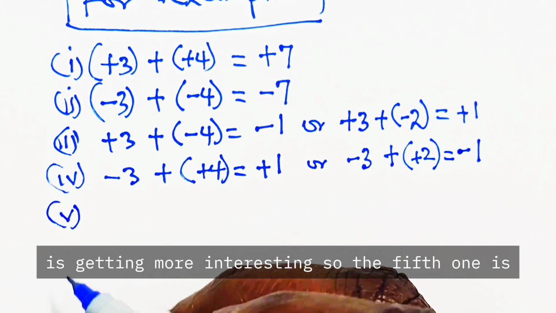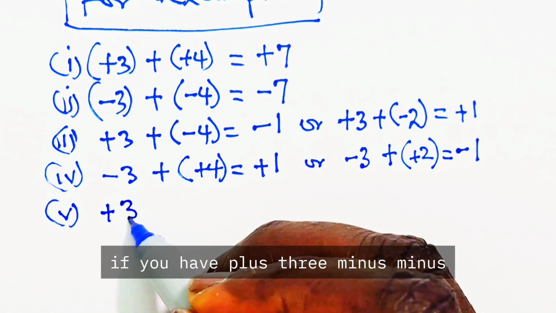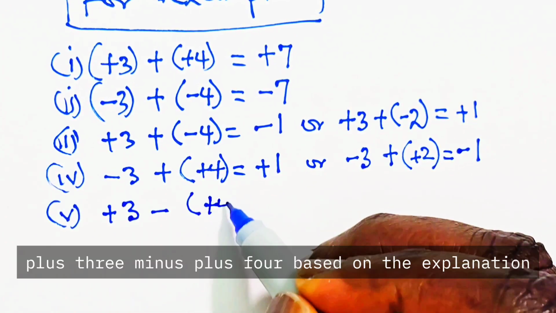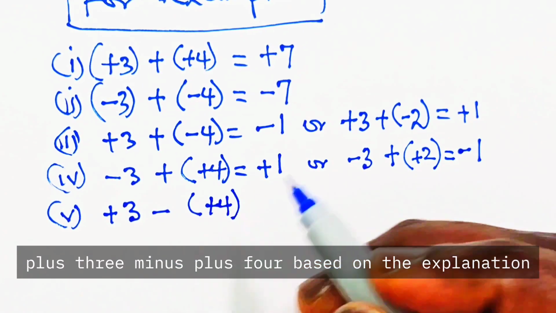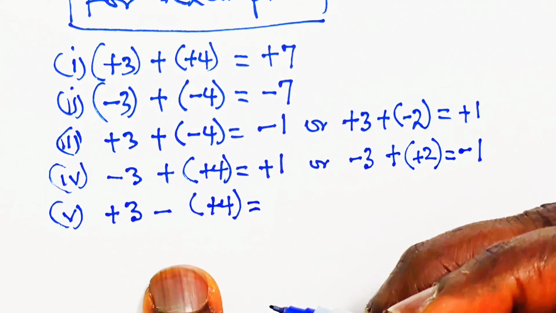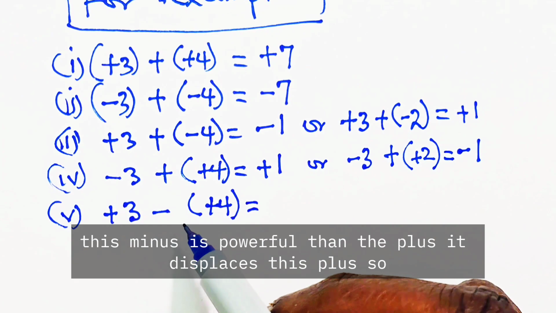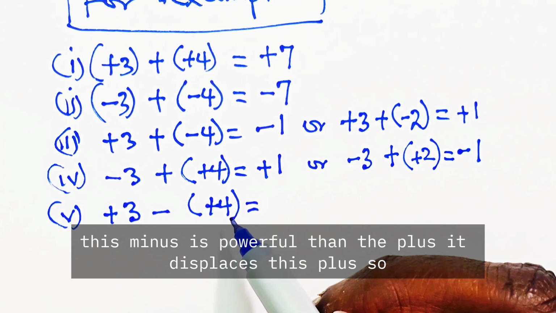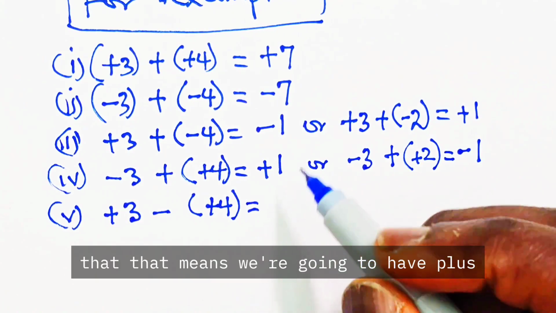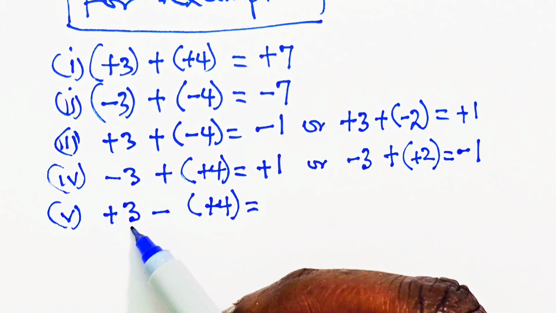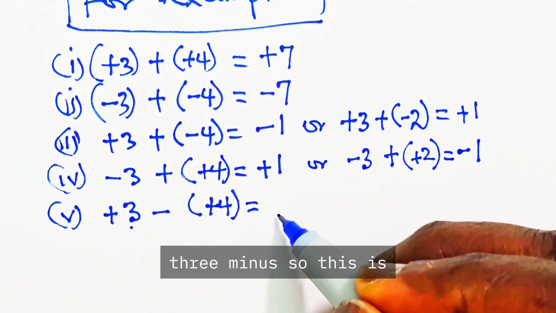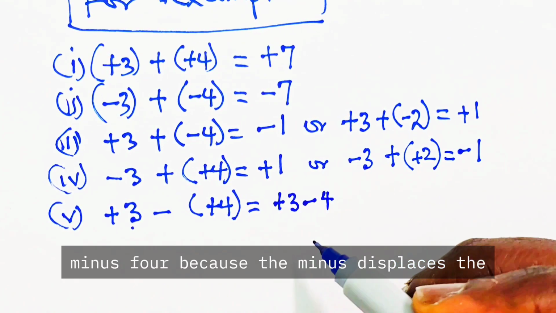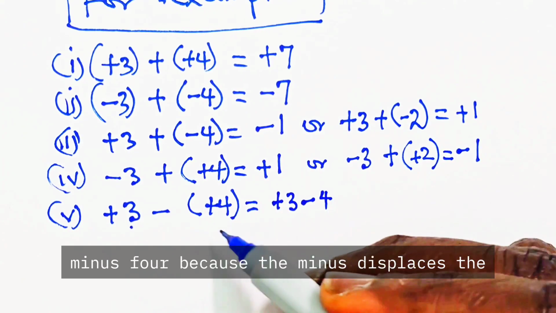So the fifth one is, if you have plus 3 minus plus 4. Based on the explanation, this minus is more powerful than the plus. It displaces the plus. So if we want to solve that, we're going to have plus 3 minus 4, because the minus displaces the plus.